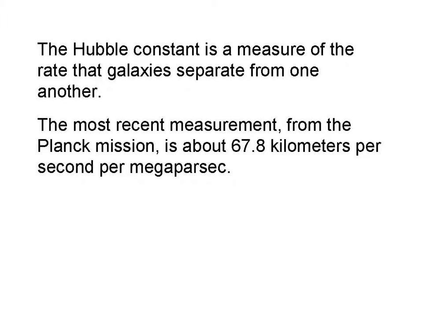The Hubble constant is a measure of the rate that galaxies separate from one another. The most recent measurement from the Planck mission is about 67.8 kilometers per second per megaparsec of separation.